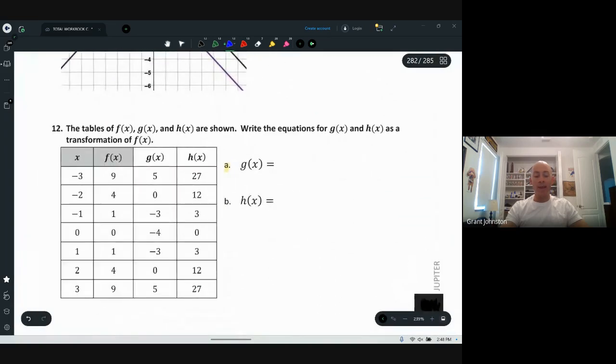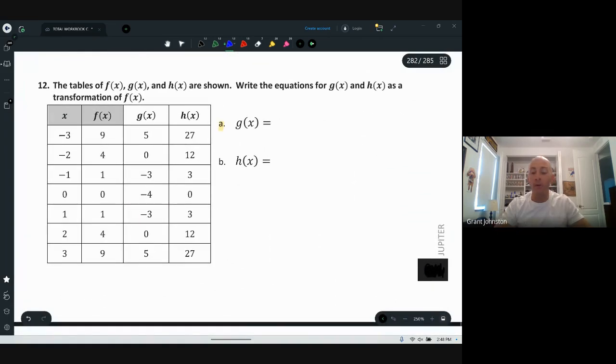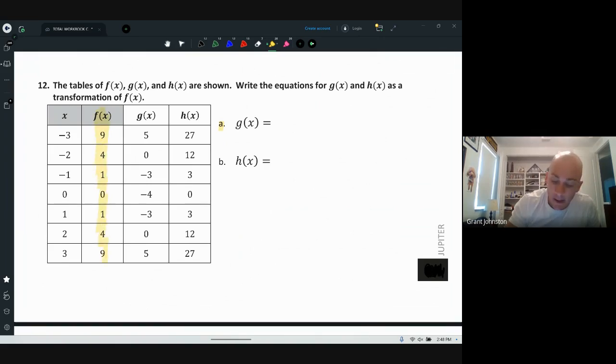Let me just do A on 12. So now we have tables. Write the equations for g of x and h of x as a transformation of f of x. So let me highlight. f of x is this, right? And if I look at g of x, what pattern do you see? Doesn't it look like we're just subtracting 4?